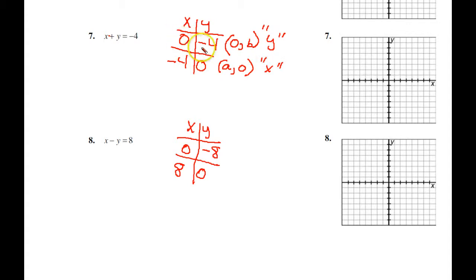So here we have 0, -4. So 0, -4. 1, 2, 3, 4. A dot right there. That's your Y-intercept. It's where the line's going to cross the Y-axis. And this is a -4, 0, which is 1, 2, 3, 4, right there.